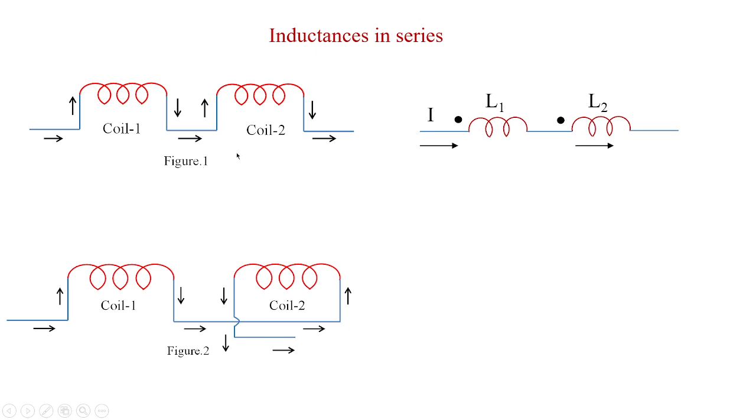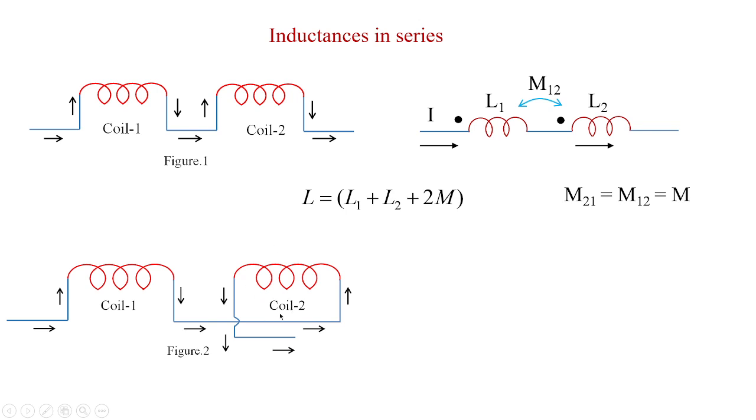This type of arrangement is called a cumulative arrangement. The mutual inductance formed between these two will be M12. So self-inductance of coil L1, self-inductance of coil L2 has mutual relation M12 or M21. When you take M12 equal to M, the general formula for total inductance is L equal to L1 plus L2 plus 2M.